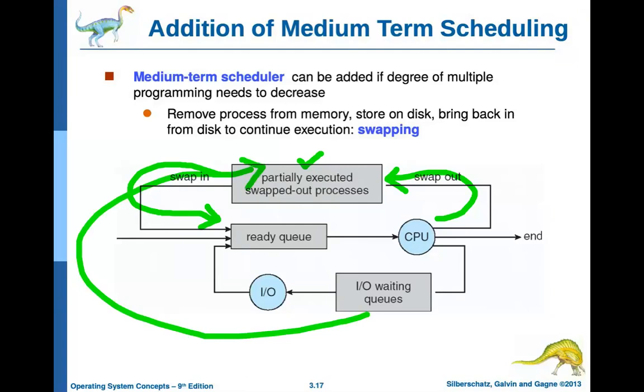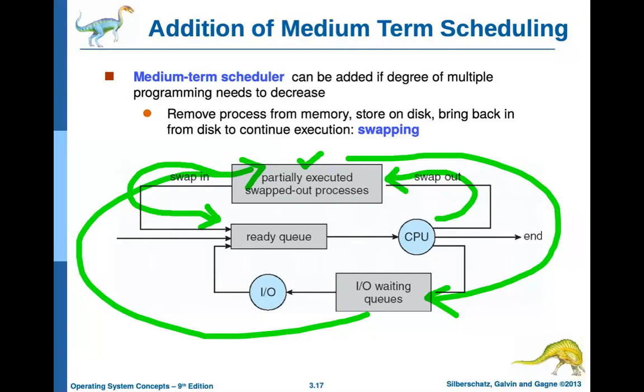This is a swap out and this is also a swap in, and this is usually done whenever we are in shortage of memory. So for example, memory is full and another process wants to enter the operating system.